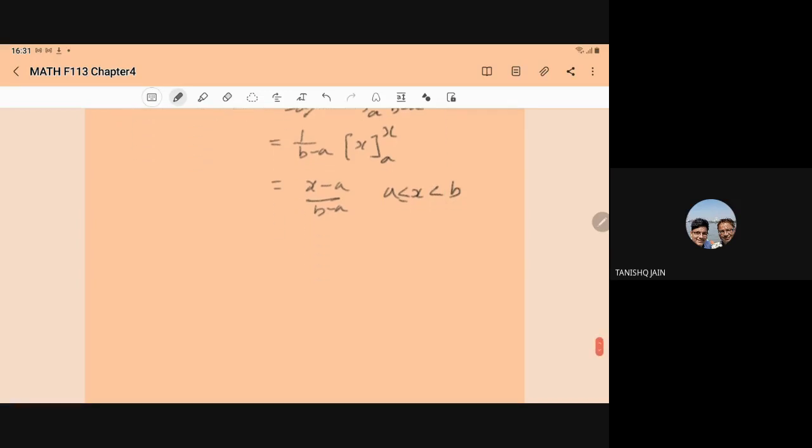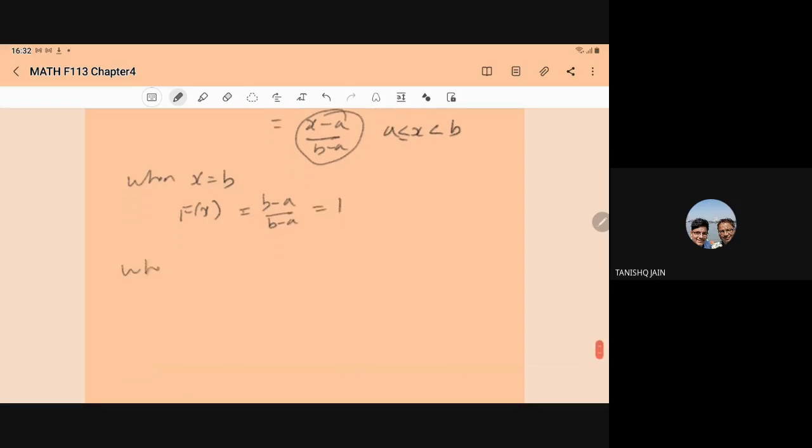And when x is equal to b, so in this expression when you put x equal to b, it will become b minus a upon b minus a, that is 1. So when x is greater than b, Fx will be minus infinity to x fx into dx.